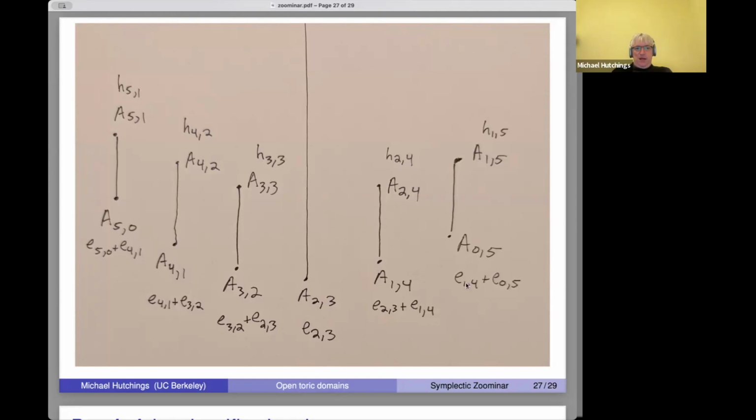So this is indicating my change of basis, which turns the chain complex into this sum of two-term chain complexes. So we can use this barcode to prove the theorem I stated at the beginning about the classification.